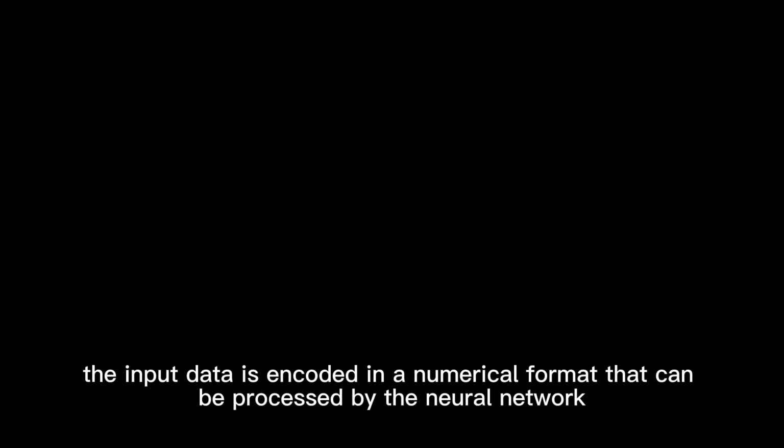In the first step, the input data is encoded in numerical format so it can be processed by the neural network. That is a vector. For example, if the input is text, each character can be encoded as a unique number or a series of vectors.